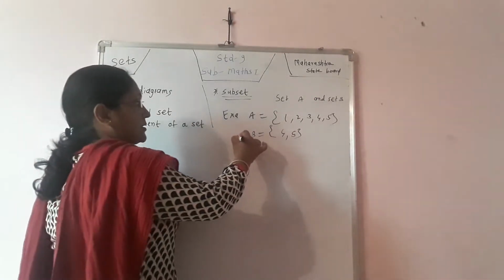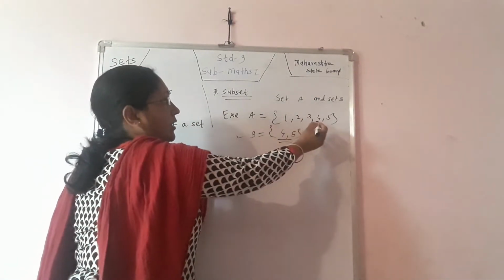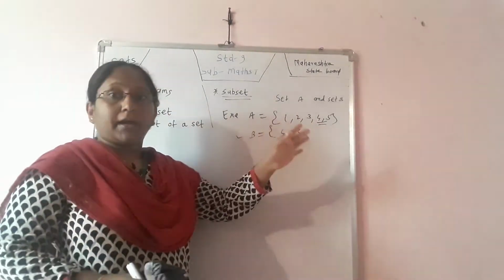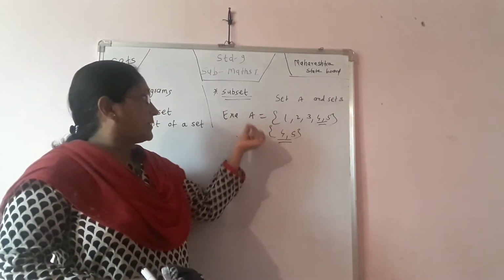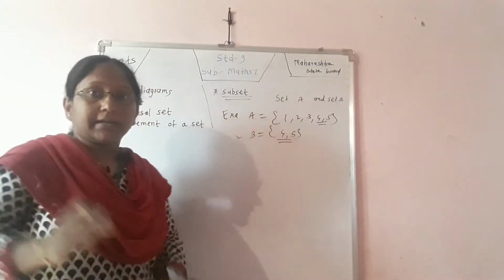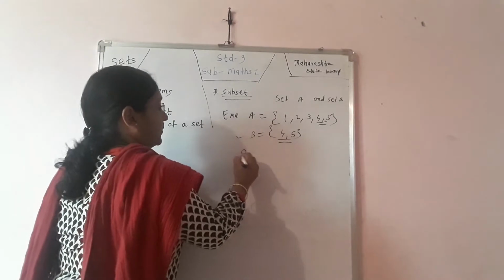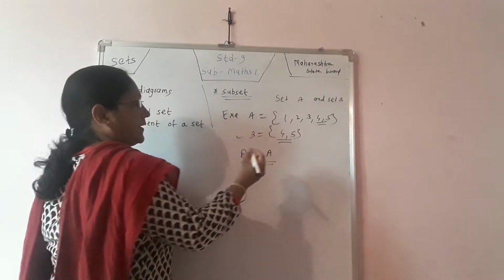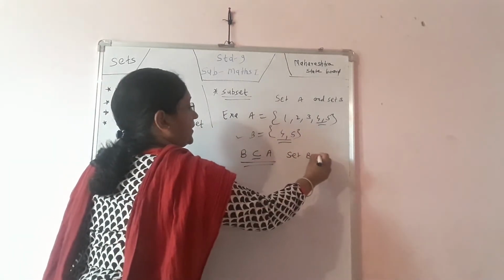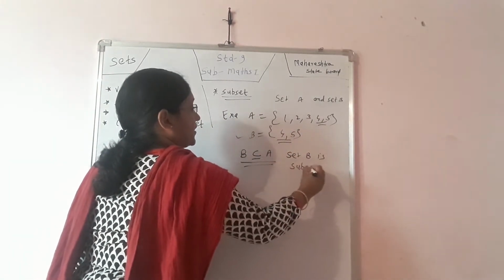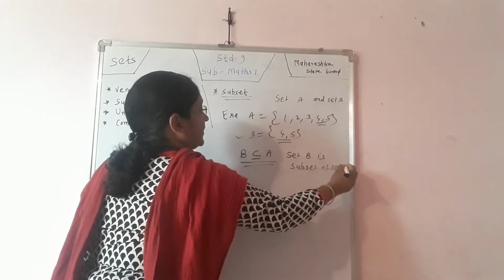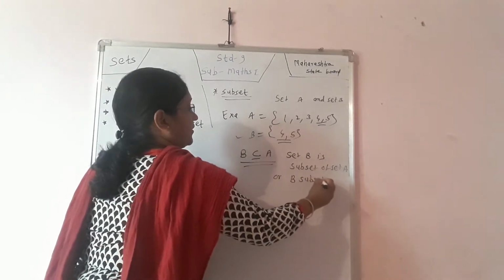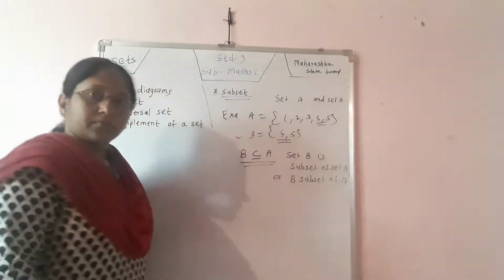All elements of set B are contained in set A, then we call set B a subset of set A, and it is written as B ⊂ A, and it is read as set B is a subset of set A, or B subset of A.